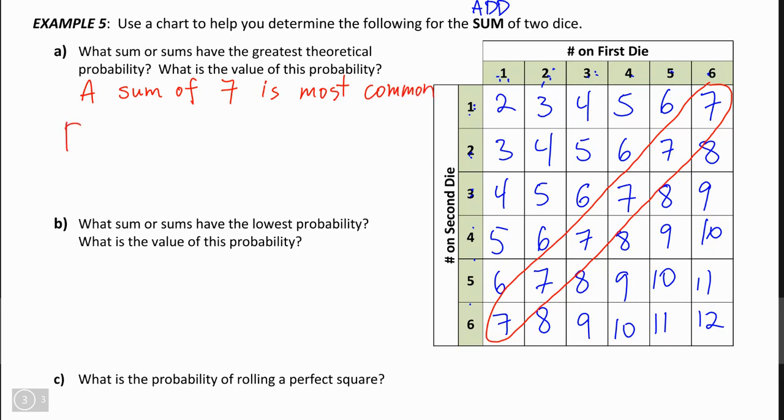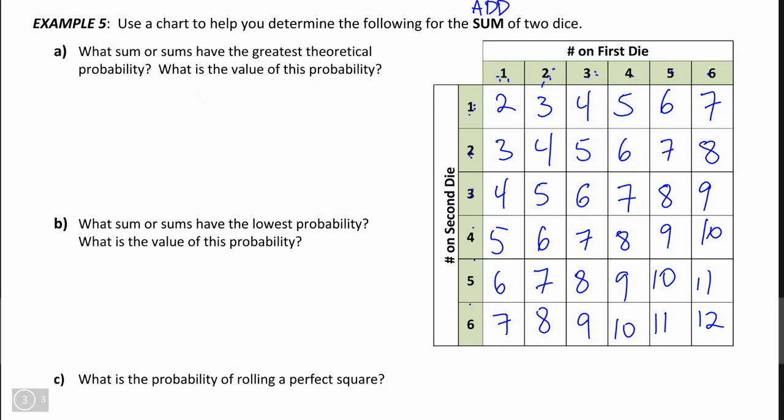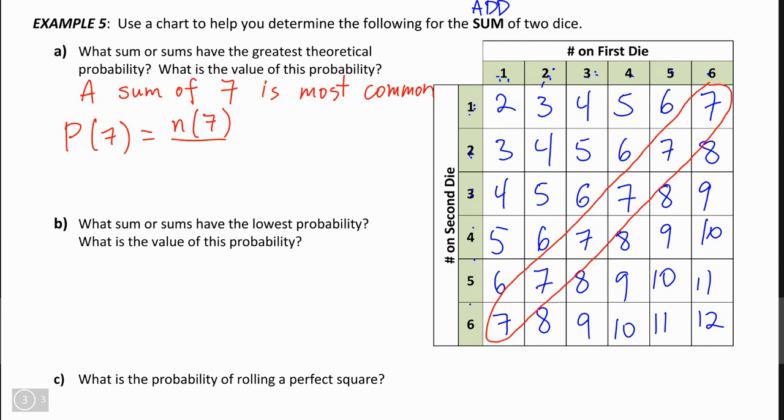Okay, so the probability of rolling a 7 is equal to the number of possible outcomes where you can get a 7, divided by the total number of possible outcomes. Well, there's 6 ways you can roll a 7. How many possible outcomes can you get rolling 2 dice?